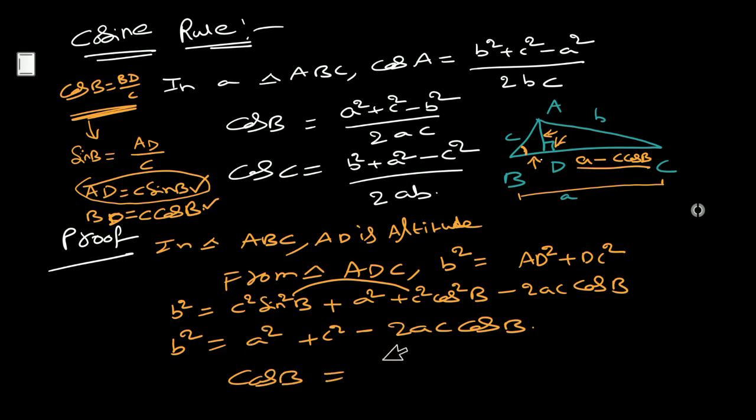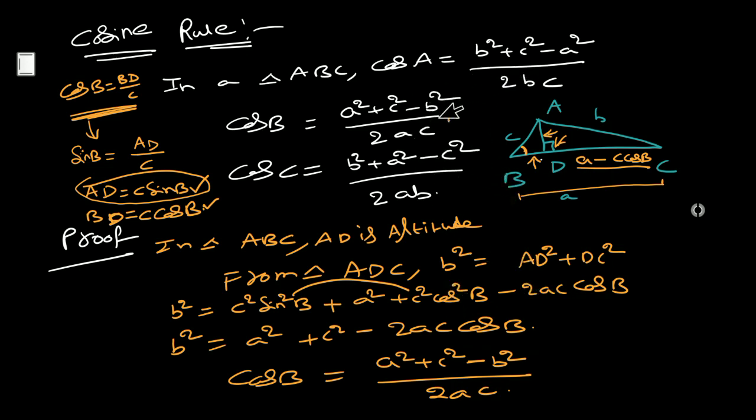Transforming mathematically, you will get a square plus c square minus b square divided by 2ac.